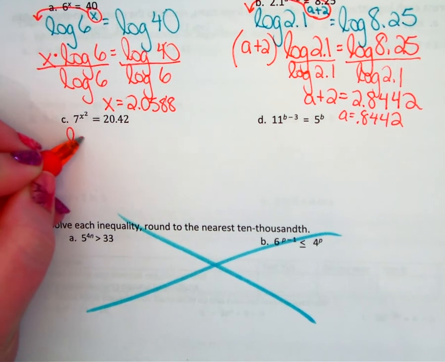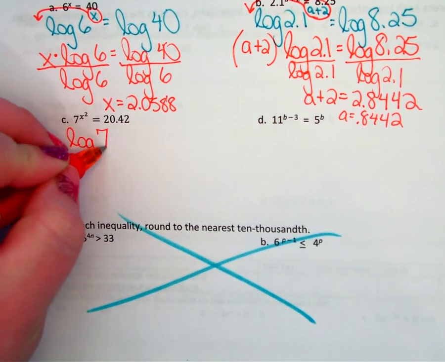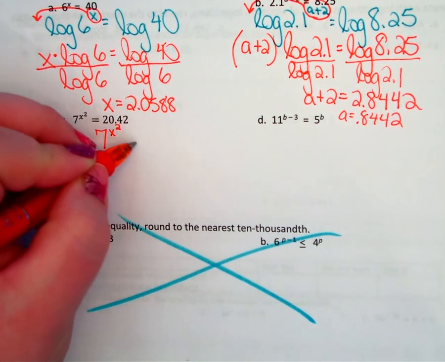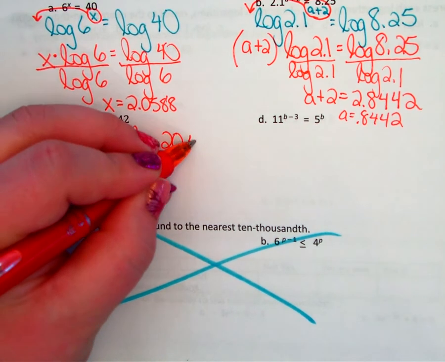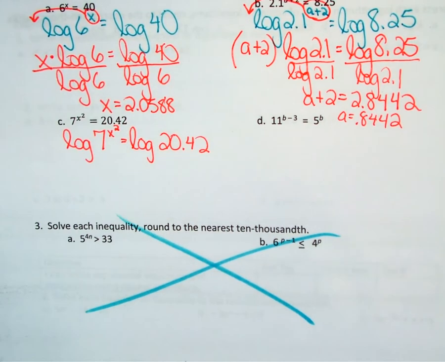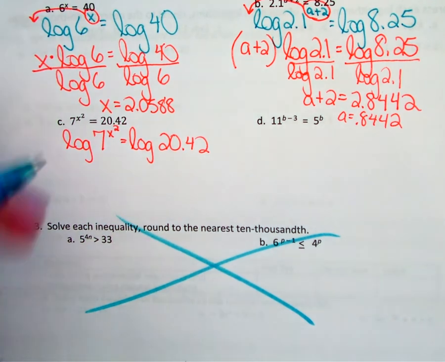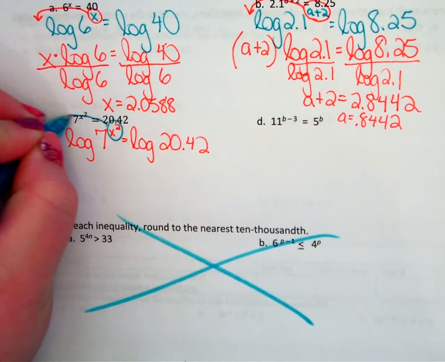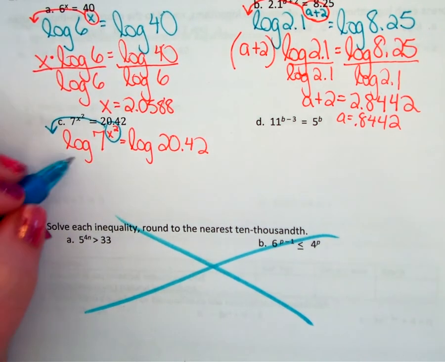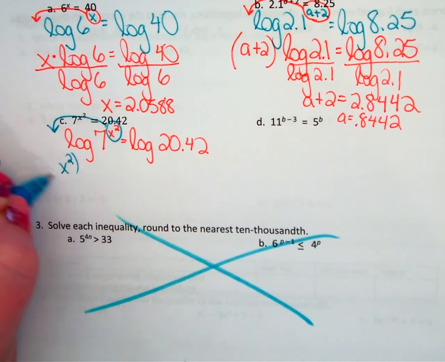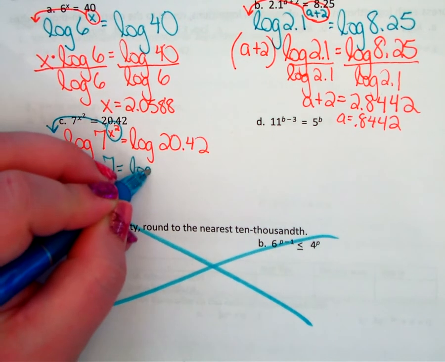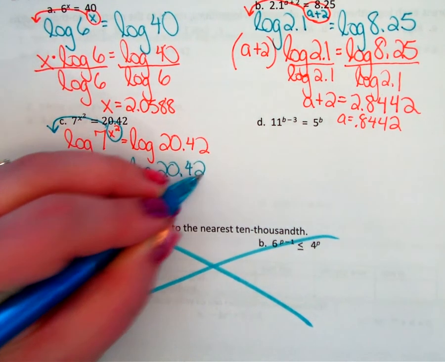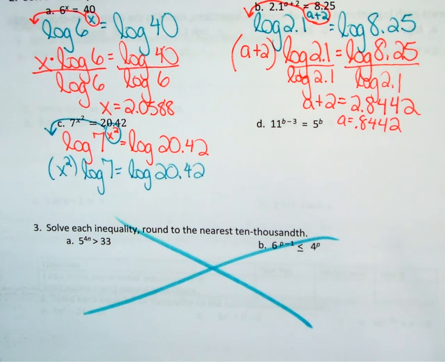Let's take a look at C. I need to take the log of both sides because I can't find a common base. That x squared needs to come in front because it's the exponent. So I have x squared times log of 7 equals log of 20.42.